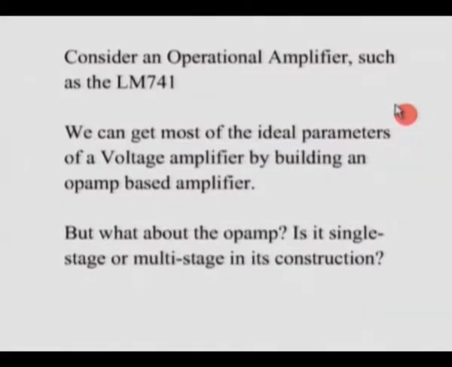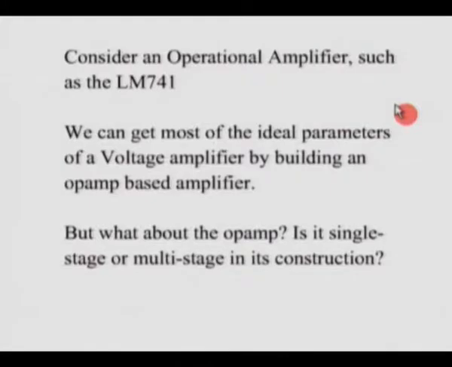If we build a non-inverting amplifier using the 741, the input resistance will be very high, it can be made several megohms. The output resistance can be made very low, typically within a few ohms. So we see that a 741 op amp, when used in a negative feedback circuit, possesses the kind of ideal parameters.